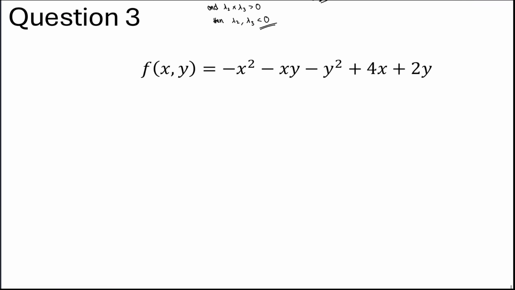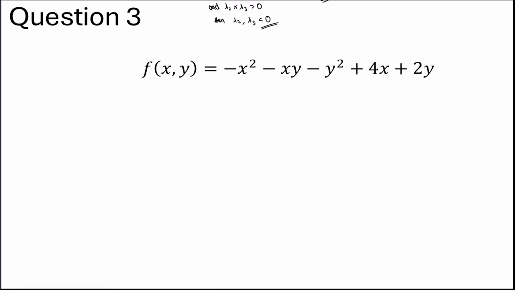If we now take a short break from all of that algebra and look at a much easier question, we've got a function which has variables x and y, which is minus x squared minus xy minus y squared plus 4x plus 2y. If we work out the first order conditions, so we first partially differentiate with respect to x, we get minus 2x minus y plus 4.